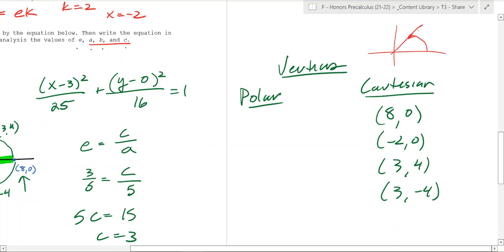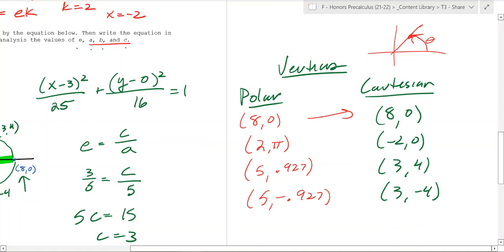So if the point is there, this is the theta value from the positive x-axis. These polar coordinates come out to be 2 comma pi. We did those two. These are a little bit more decimal because you have to use your calculator, but you end up with this right here. This is why we didn't use them to begin with, but you need to be able to convert between the two. So if you need to go back and study that, you should.